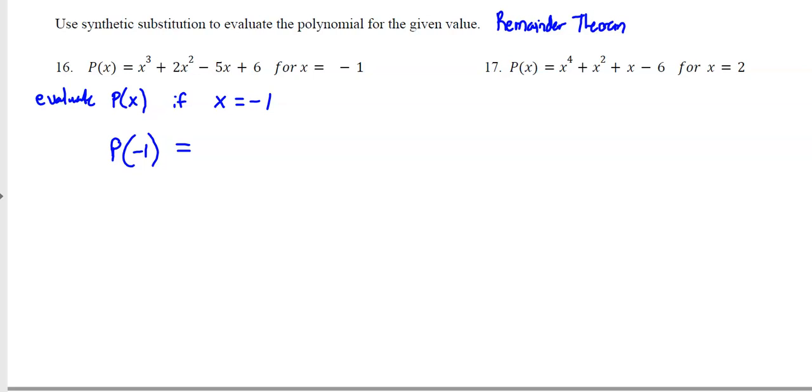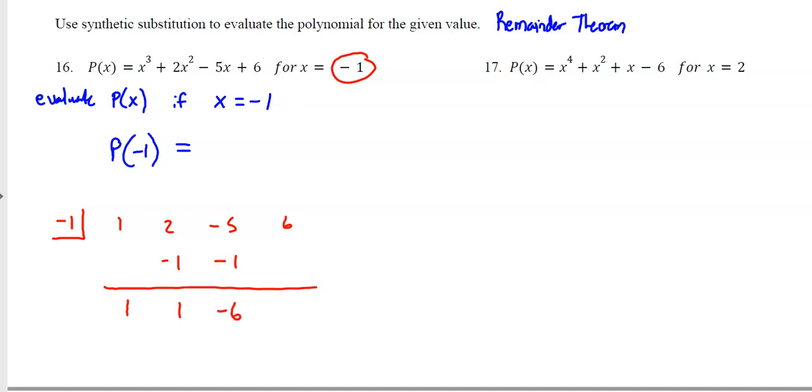Well, you could plug -1 in there, and in this expression it's not too complicated, but you can also do synthetic division and run it through, so 1, 2, -5, 6. You could run it through there really fast: add, multiply, add, and I get a remainder of 12.